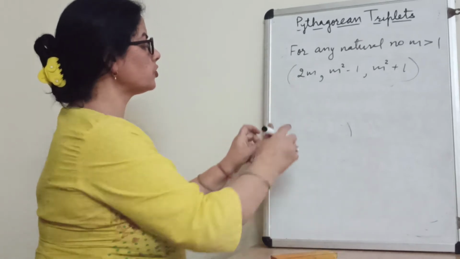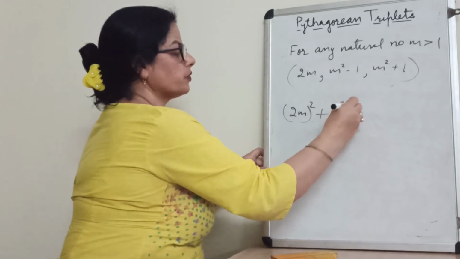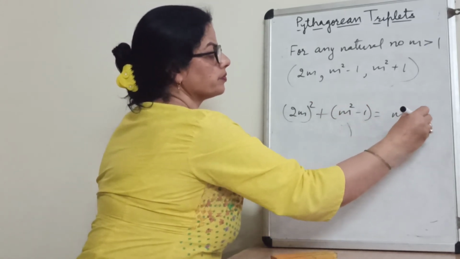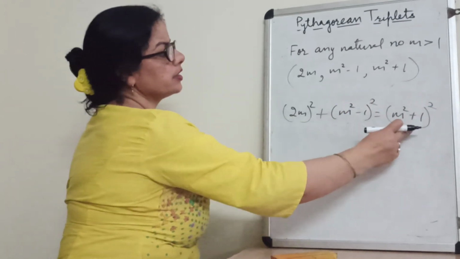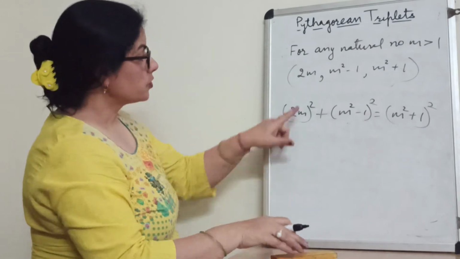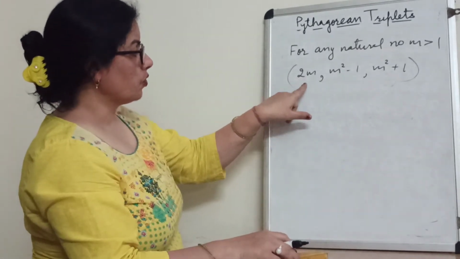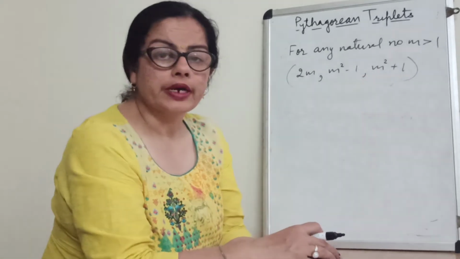Because if you solve the square of 2m, and the square of m square minus 1 and the square of m square plus 1, both sides will be equal. So this is a formula: for any natural number m greater than 1, 2m, m square minus 1, m square plus 1 forms a Pythagorean triplet.